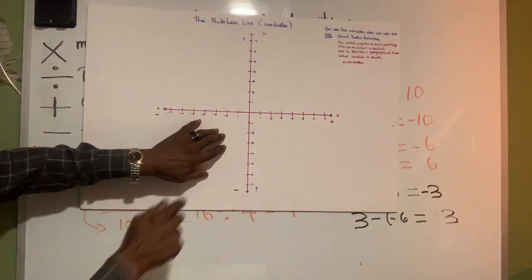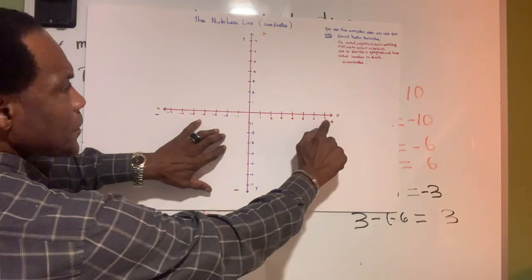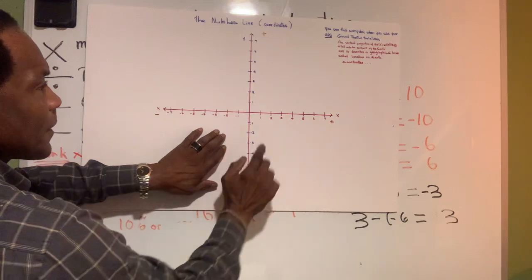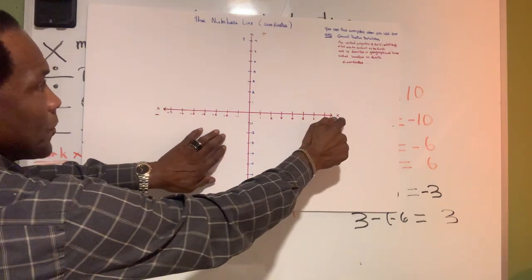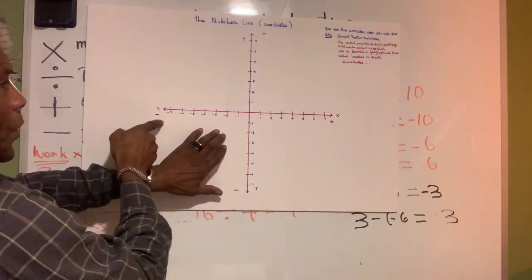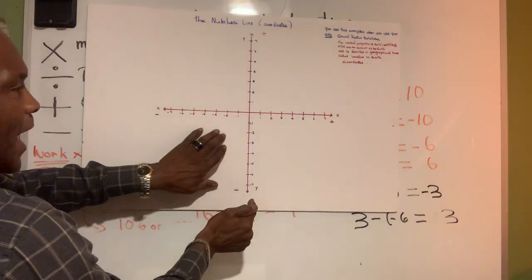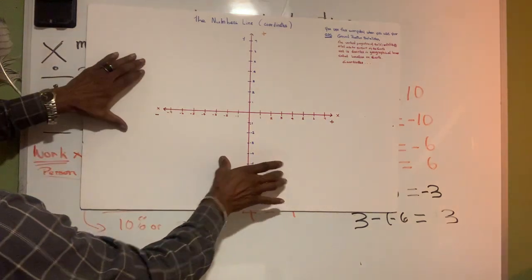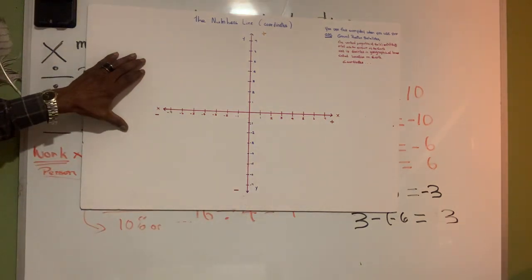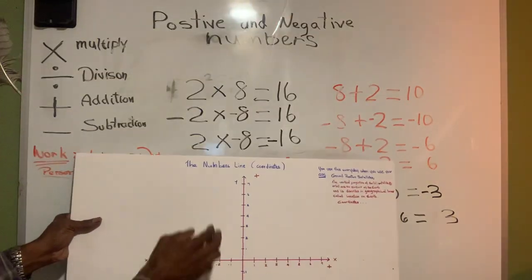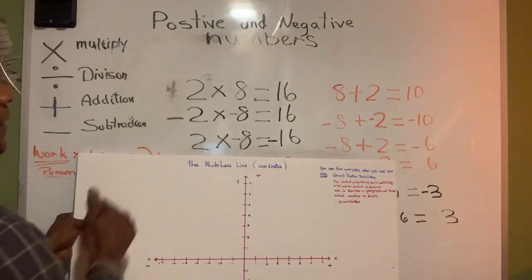This has from 1 to 7 on each side. On the y-axis, positive, and the x-axis, positive. If you notice, you can actually use this number line to prove whatever I say here.